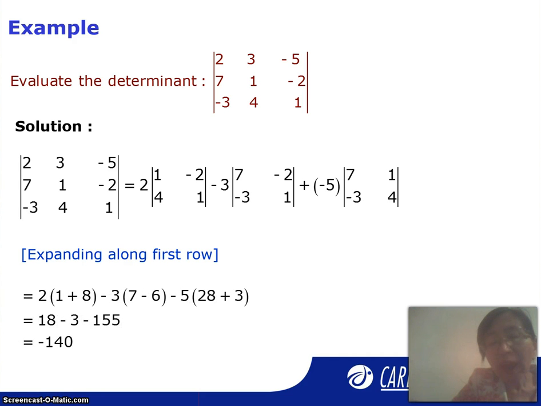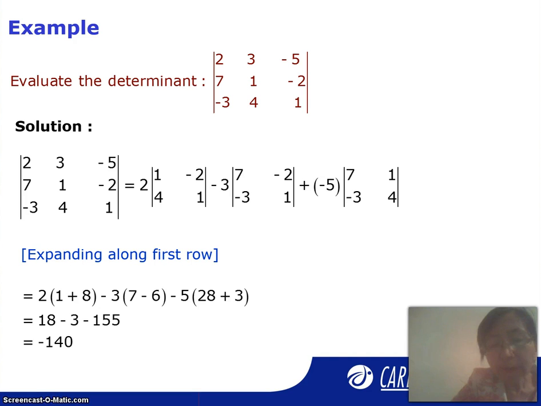So now we have to calculate the 3 determinants of second order. We have 2 multiplies 1 plus 8, minus 3 multiplies 7 minus 6, and minus 5 multiplies 28 plus 3.